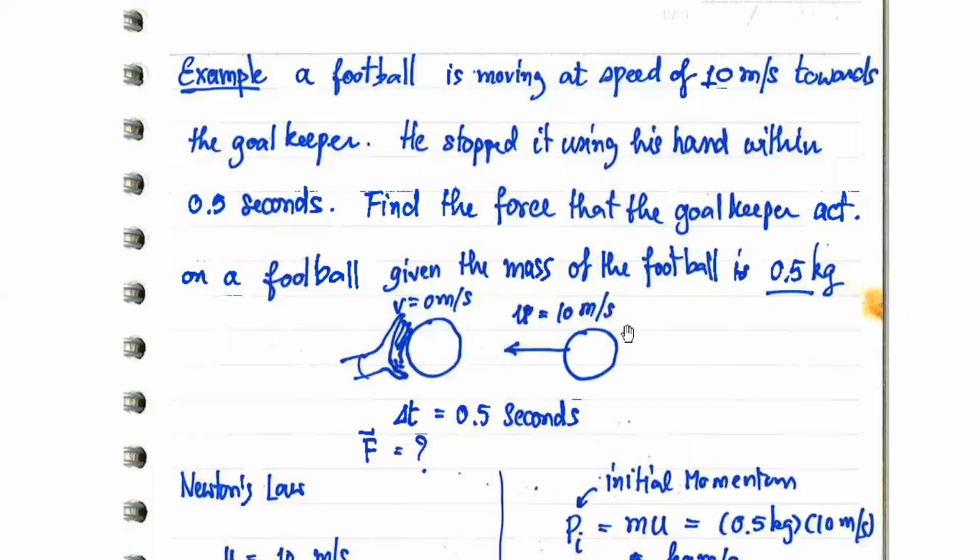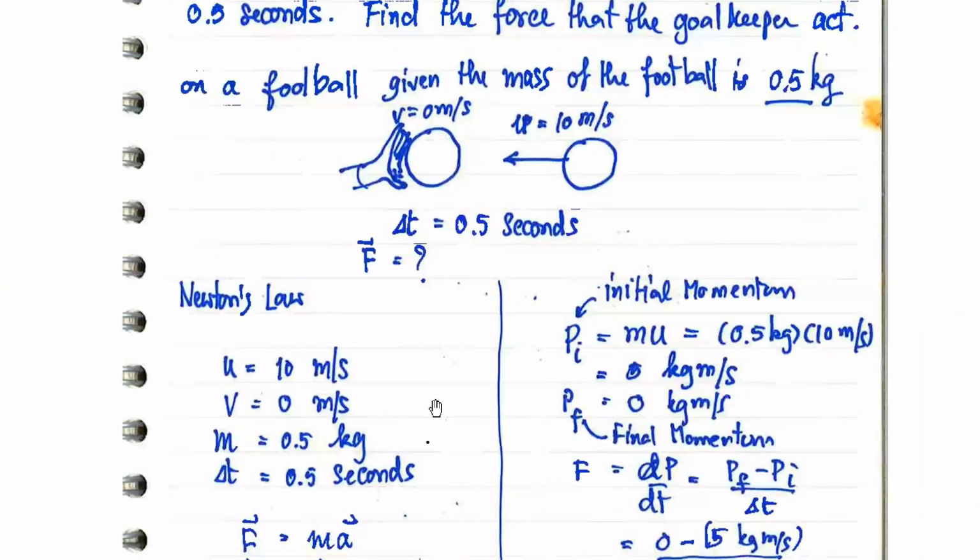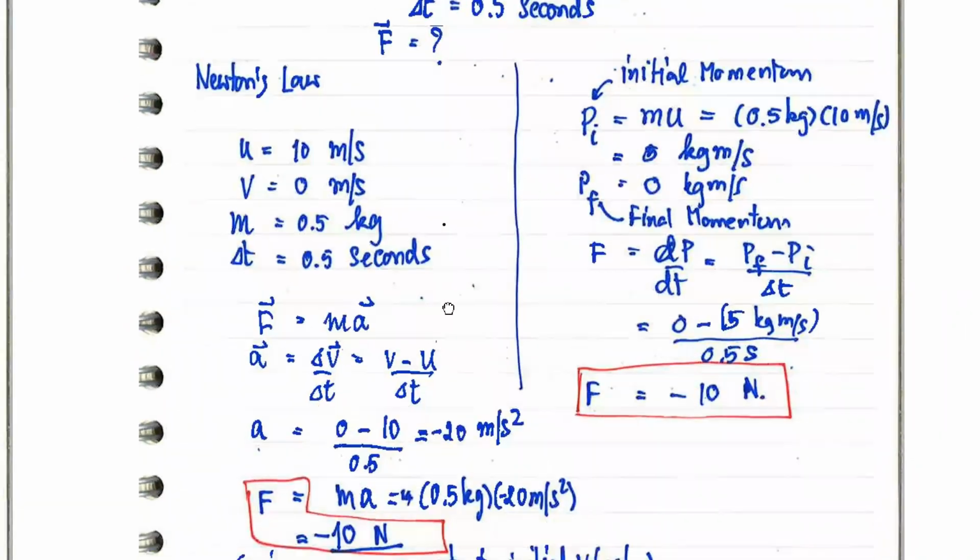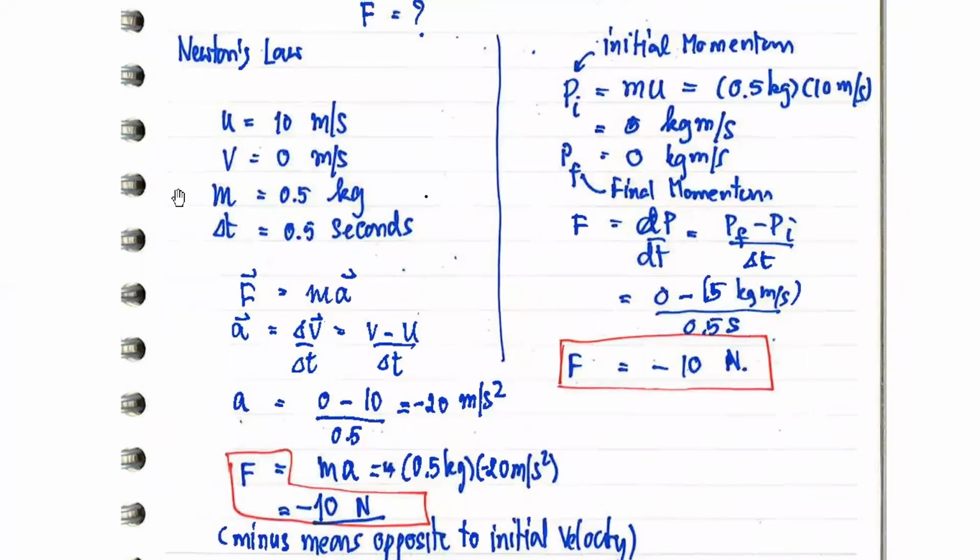Okay, last time we did this problem by two methods. First, by using a simple Newton's law, and then the second way is to use momentum. Now, the solution for it is this. If we use the normal Newton's law, we know the initial velocity of the ball to be 10 meters per second, which is around 36 kilometers per hour.